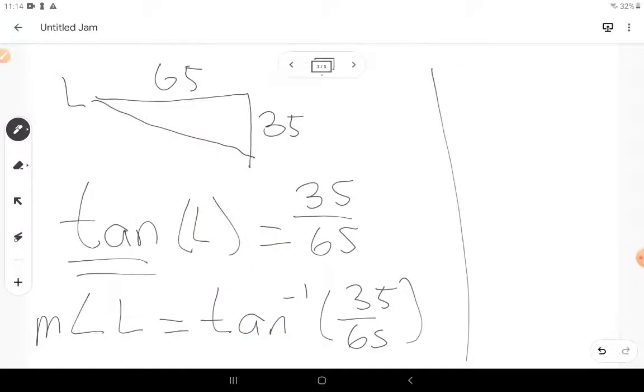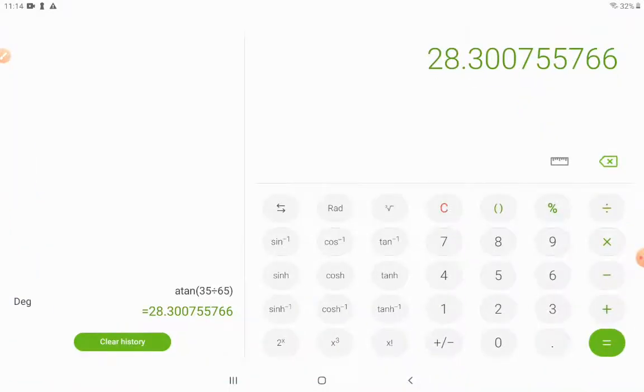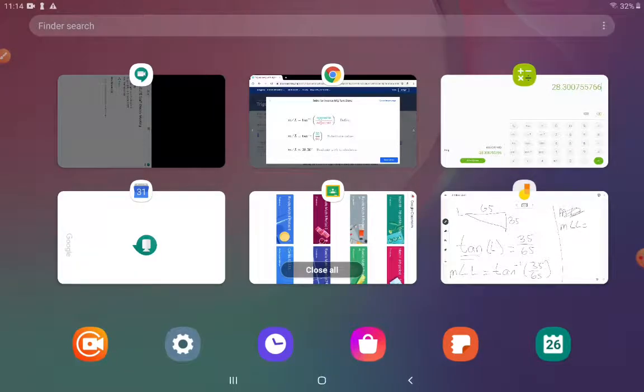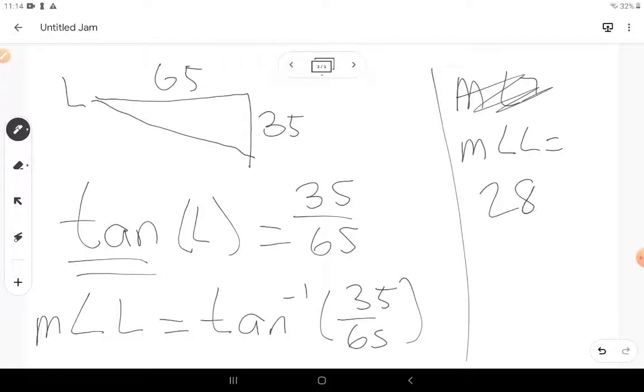Let's write that over. The measurement of angle L is equal to 28 3/10 degrees.